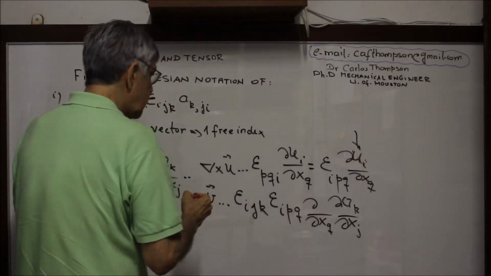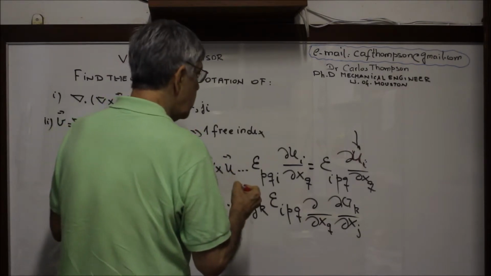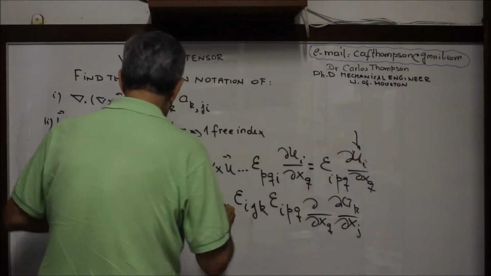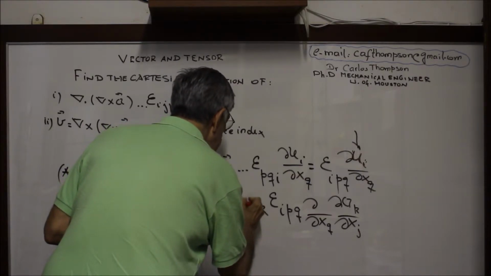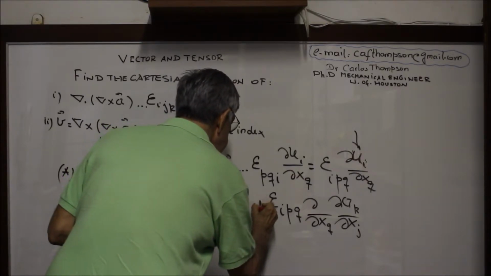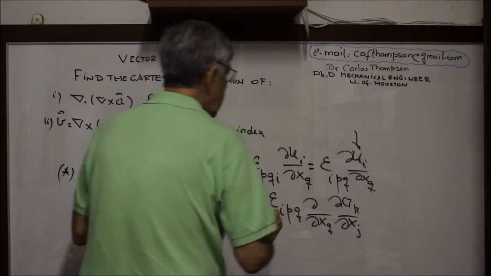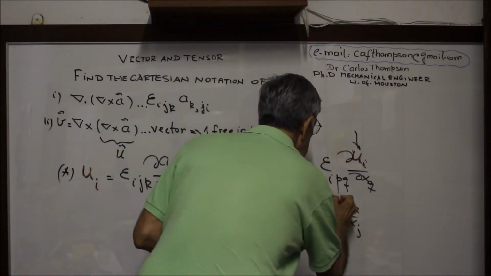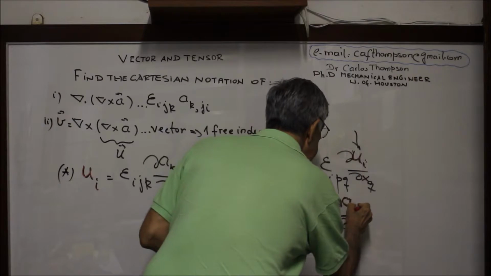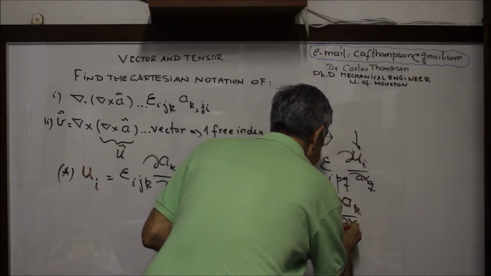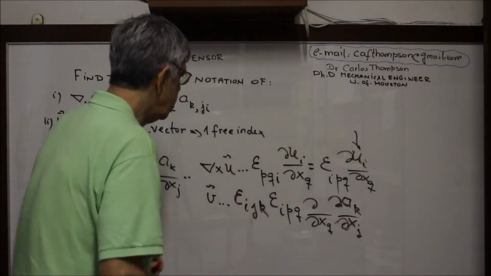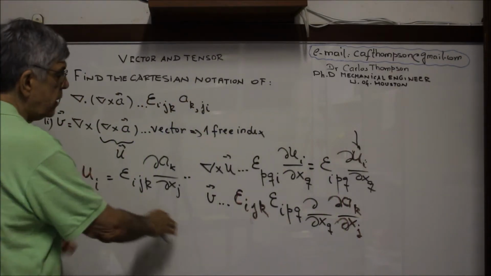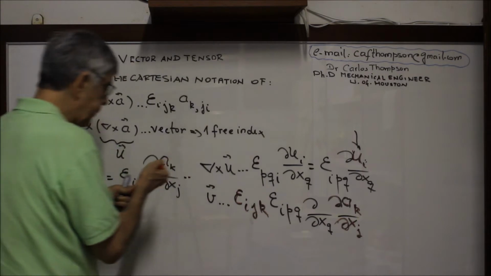Look, this is the U i, epsilon ijk, partial of A k with respect to x j. That's a U i I just plugged over there.